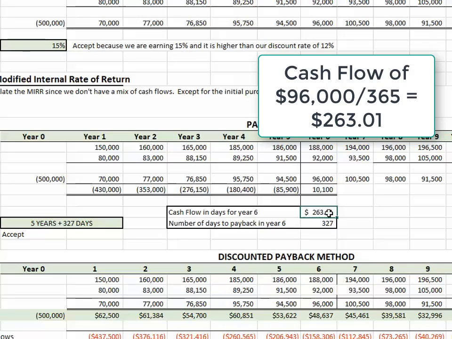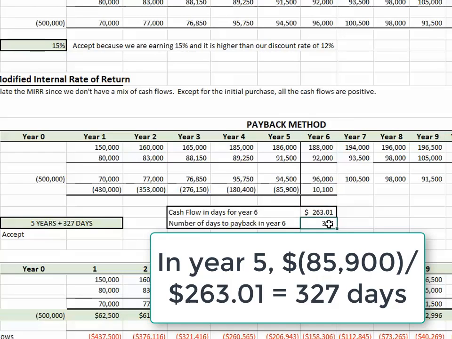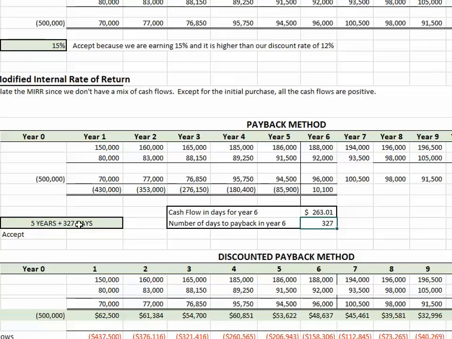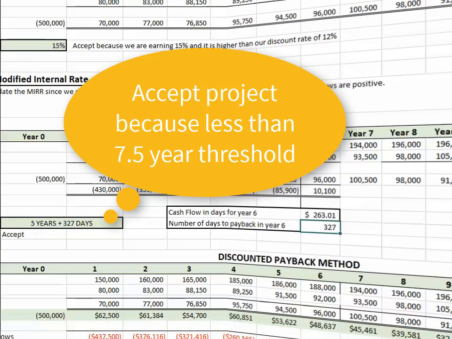That tells me how many dollars I earned back in this cash flow in a day. Then I find out how many days it takes to eat up this amount here. So we have 327 days, which means we have 5 years and 327 days.